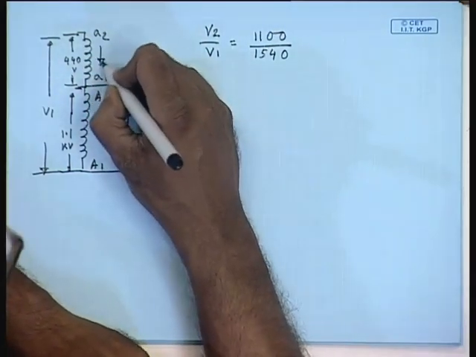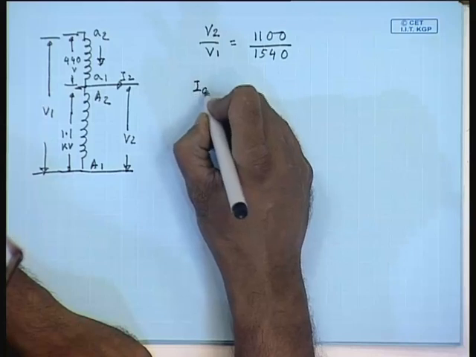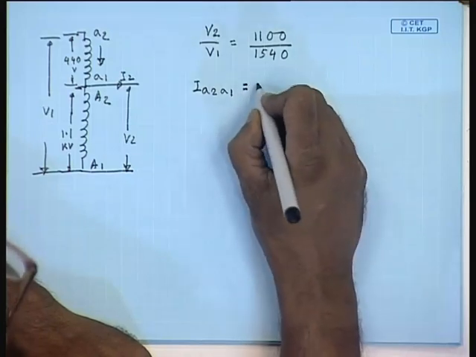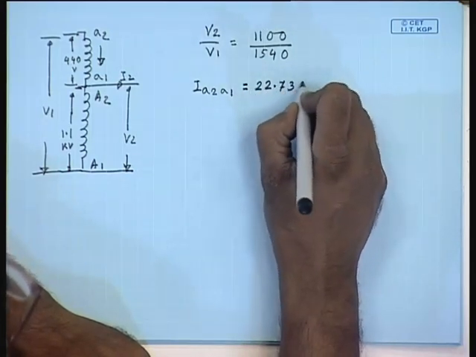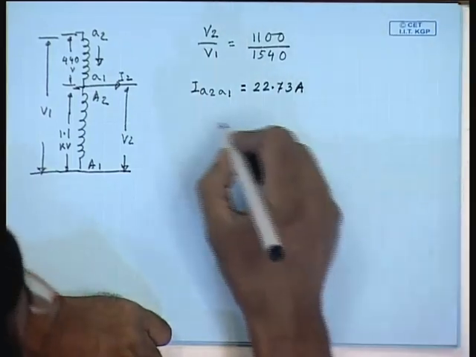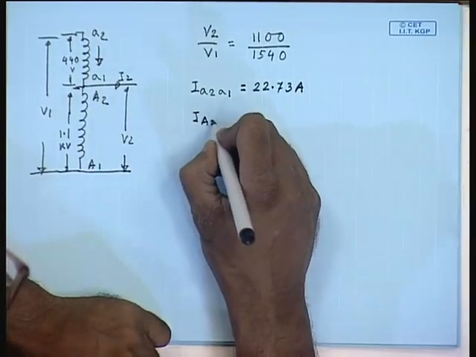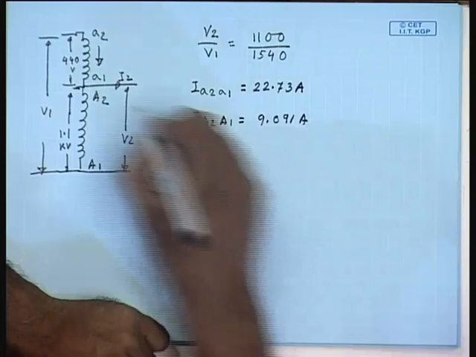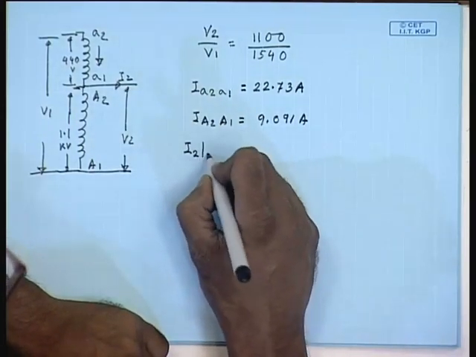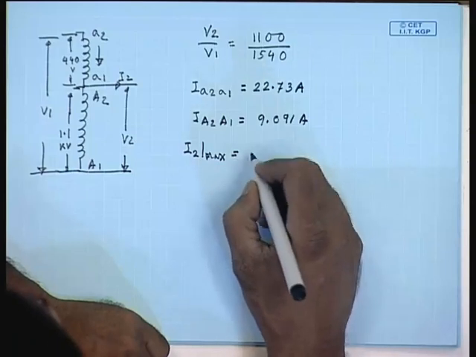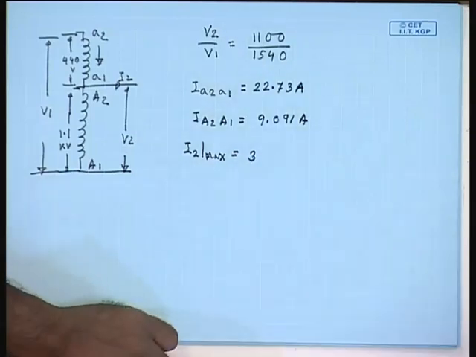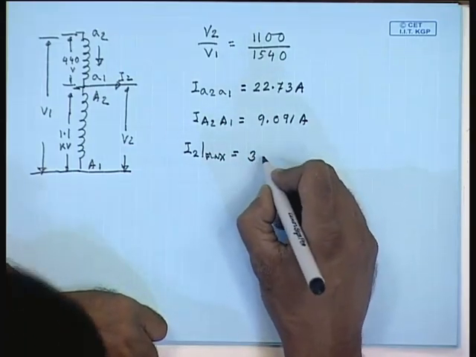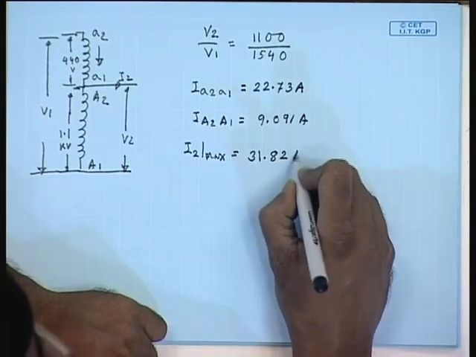Similarly, the current carrying capacity here I A2 A1 is equal to 22.73 amperes, whereas the current carrying capacity I A2 A1 is 9.091 amperes. Hence, I2 max in this case also equals 31.82 amperes.